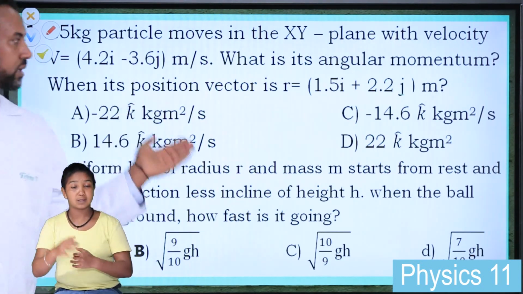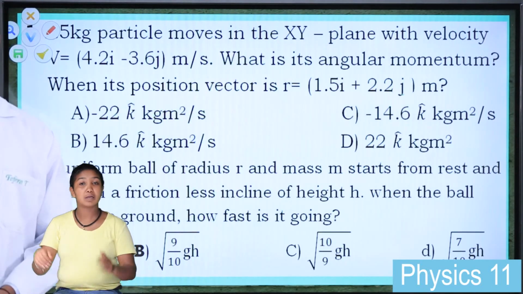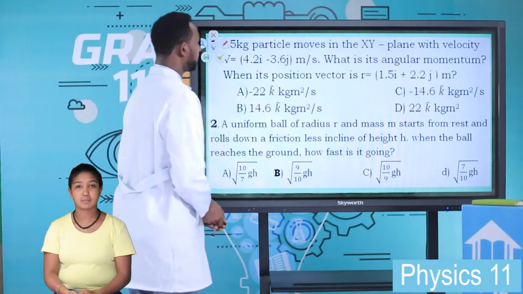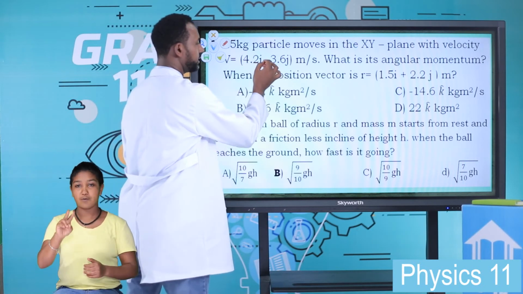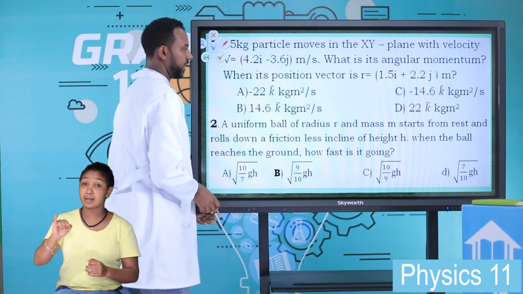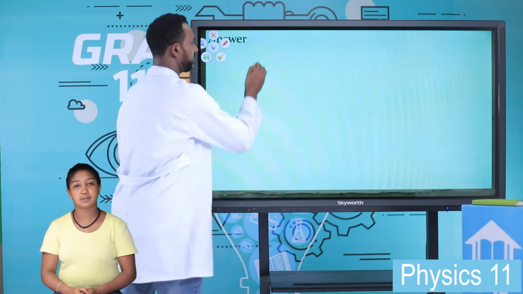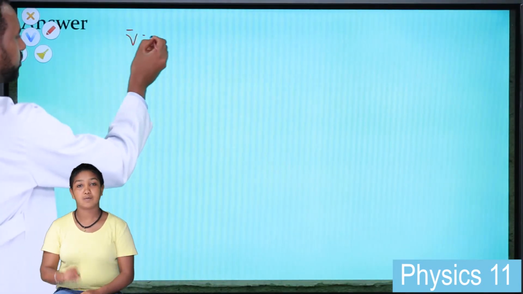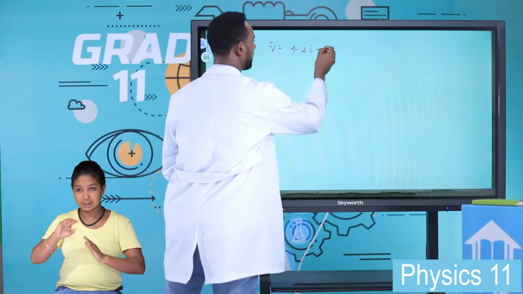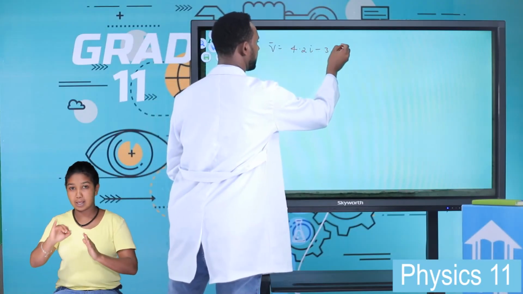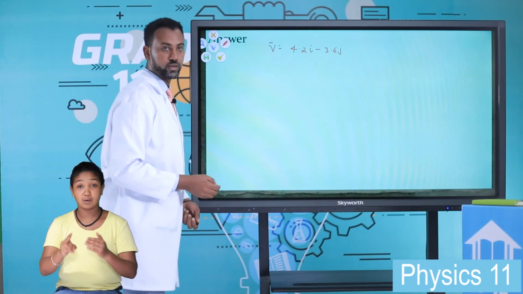This is represented in vector form. What are the given quantities? The velocity is given to be 4.2 in the i minus 3.6 in the j.